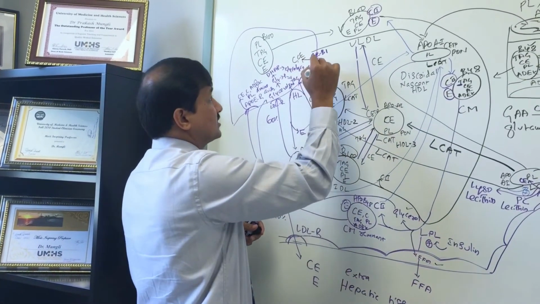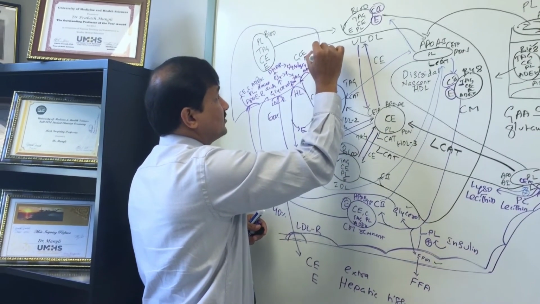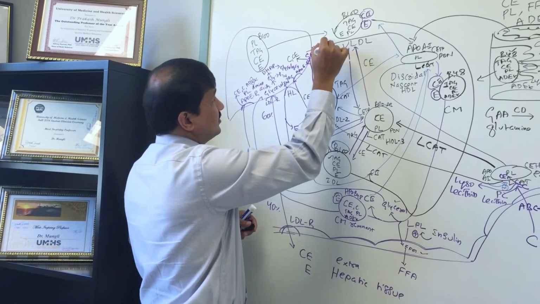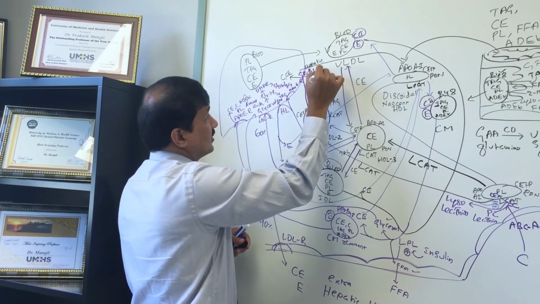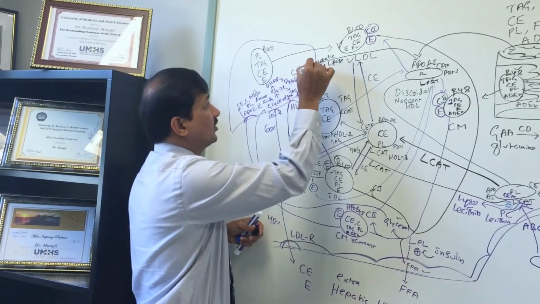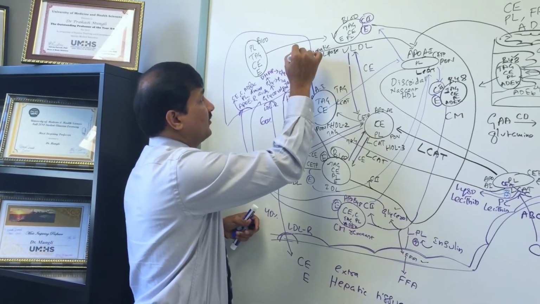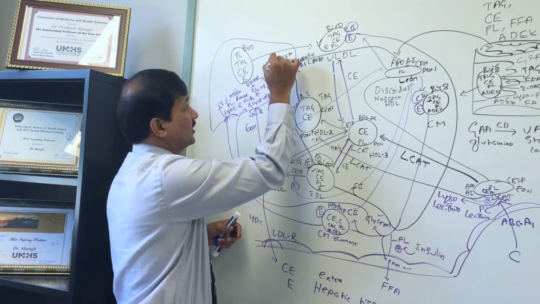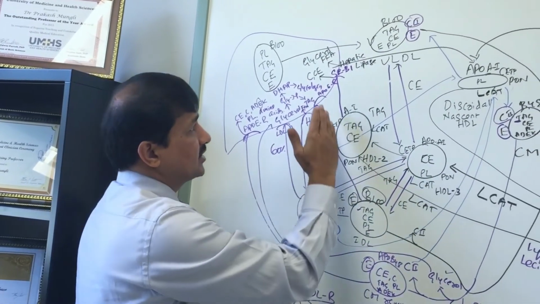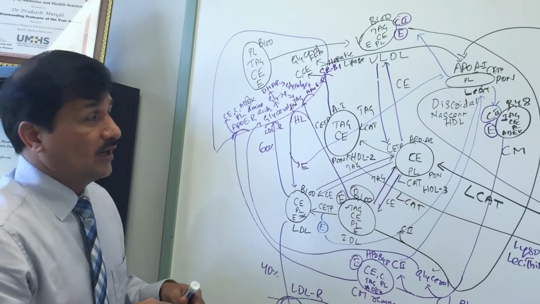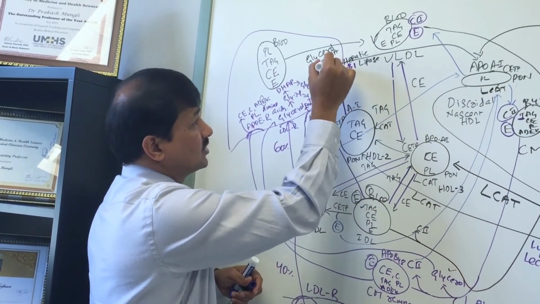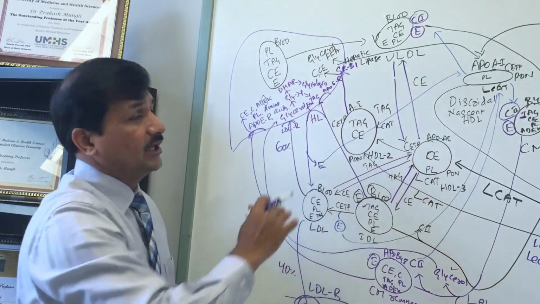Also there is an enzyme called HL, that is hepatic lipase, which is beside SRB1 on the surface of the hepatocyte. It is going to break down triacylglycerol into free fatty acids and glycerol. So basically, as HDL2 is passing through the hepatocyte membrane, it is going to lose its cholesterol ester and cholesterol, and lose its triacylglycerol, and that will be taken up by the liver.